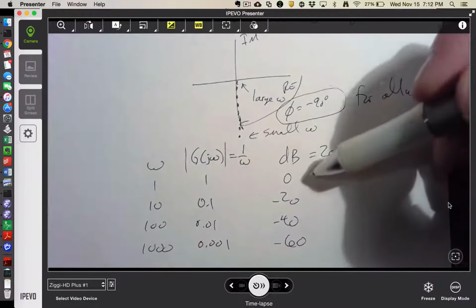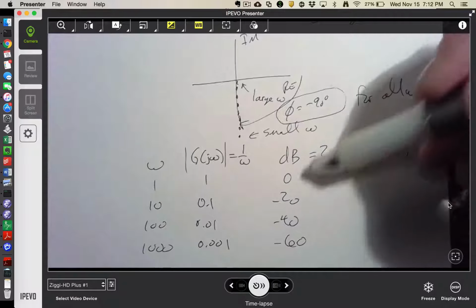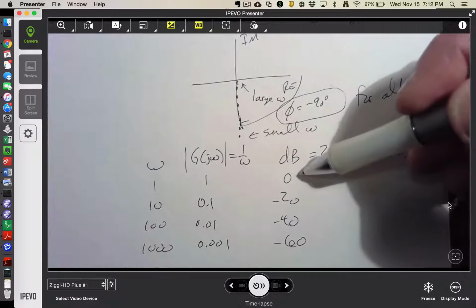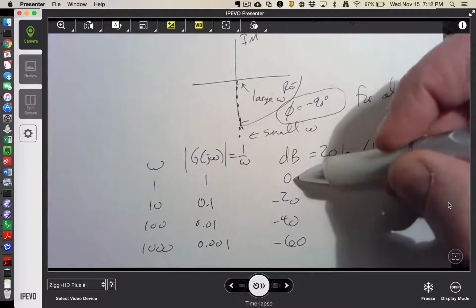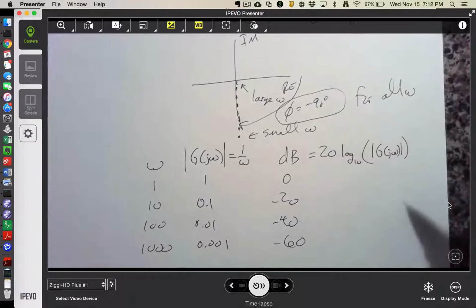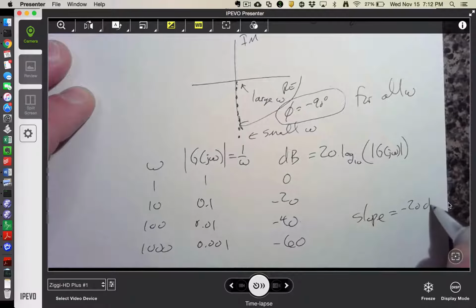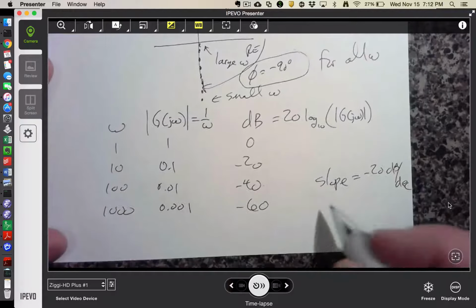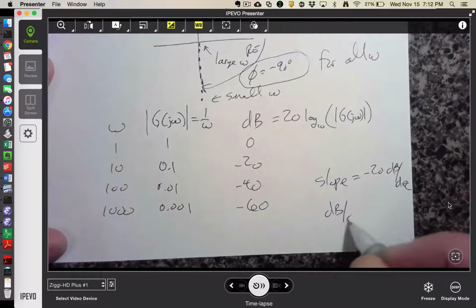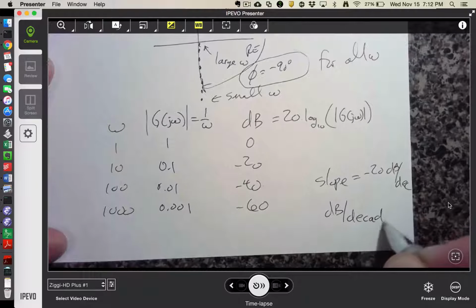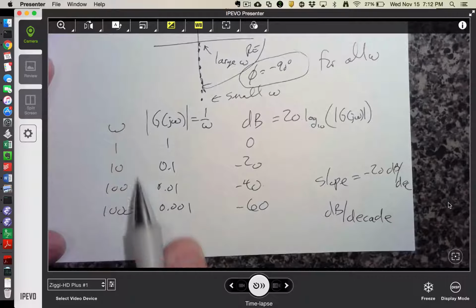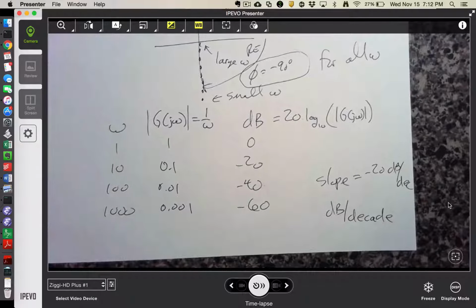So in Bode plot terms, we refer to this as a magnitude that is decreasing at 20 dB per decade. So we say that we have a slope for our magnitude plot of minus 20 dB per decade, where decade refers to a factor of 10 increase in our frequency.